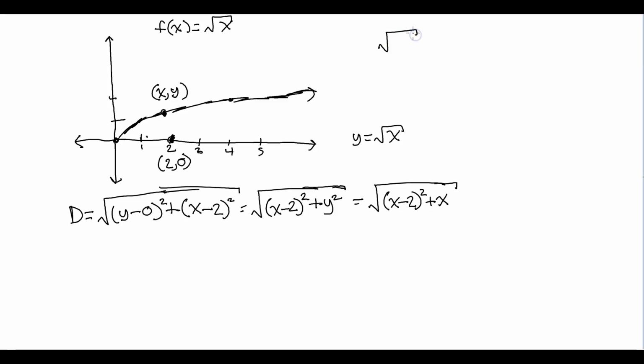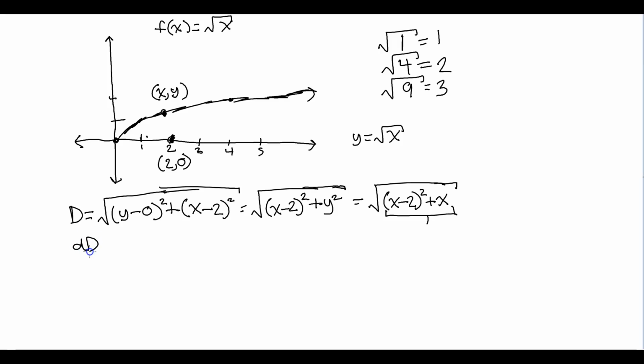Because if we're dealing with positive real numbers here, that means the smaller the value in the radical, the smaller the actual radical expression, right? Because 1 is smaller than 4, that means square root of 1 is smaller than square root of 4, which is 2. So this is true for all positive real numbers. So why not we just minimize this expression?